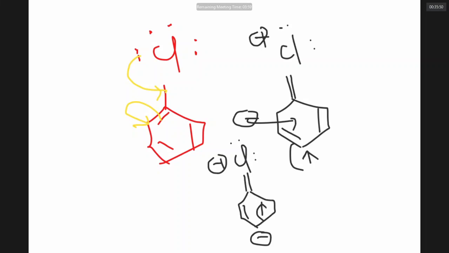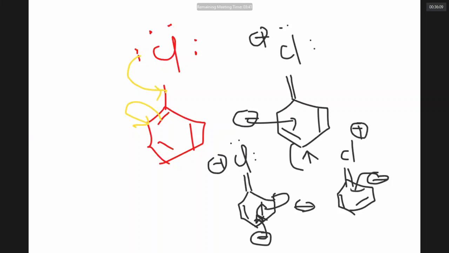Again it can come here. Can you see that? Whenever the pi electrons are going, this carbon is taking minus charge. Finally, it can come here.